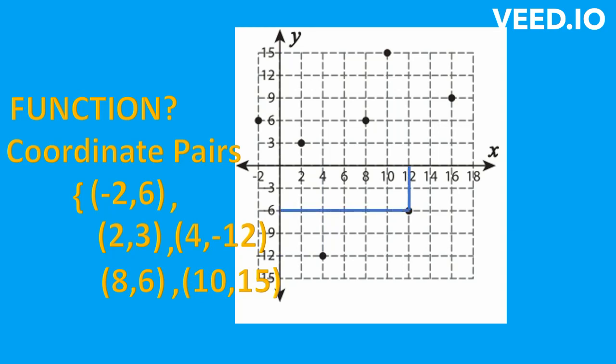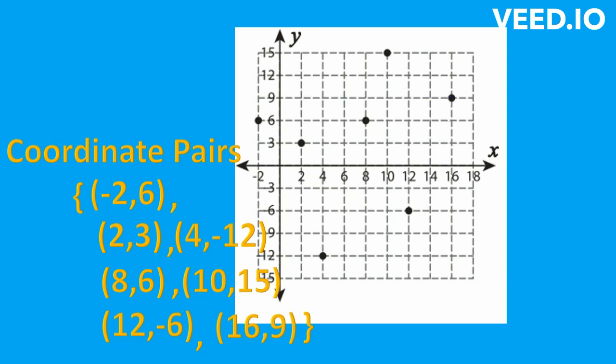So 12 and minus 6 is one pair. For 16 on the x-axis, we have 9 as y coordinate. So it is 16 and 9. So these are the whole set of coordinate pairs.